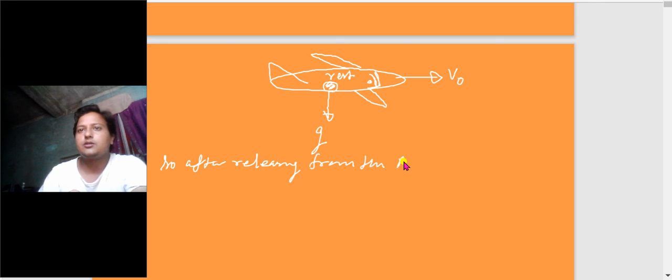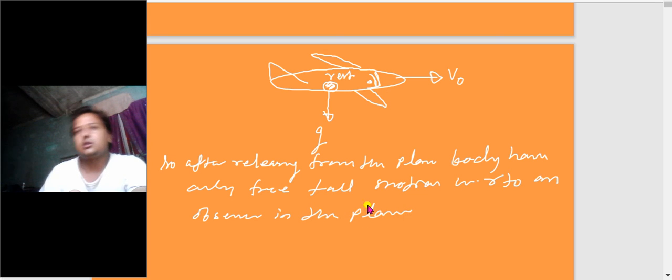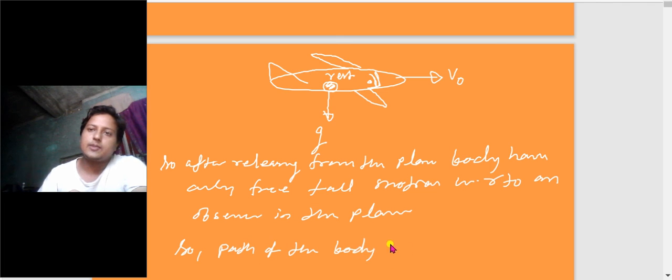from the plane, the body has only free fall motion with respect to an observer in the plane. So the path of the body with respect to the plane observer is a straight line.